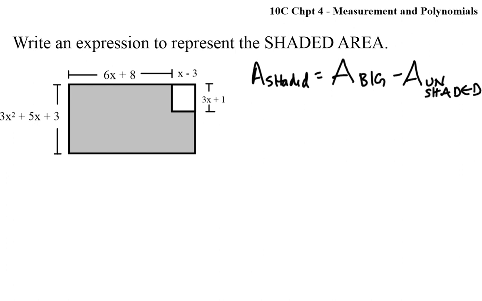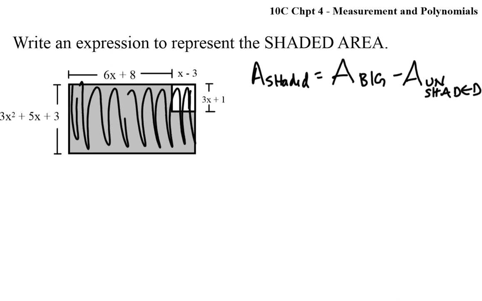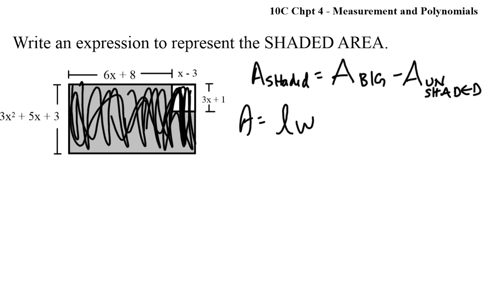So we want to pretend we have this entire rectangle shaded. So in this case, our big shape is a rectangle, length times width. However, we don't want the entire rectangle because we want what's shaded. We don't want that top corner. So what would I have to do if I get the area of the entire rectangle? I would have to subtract the area of this small rectangle that's not shaded.